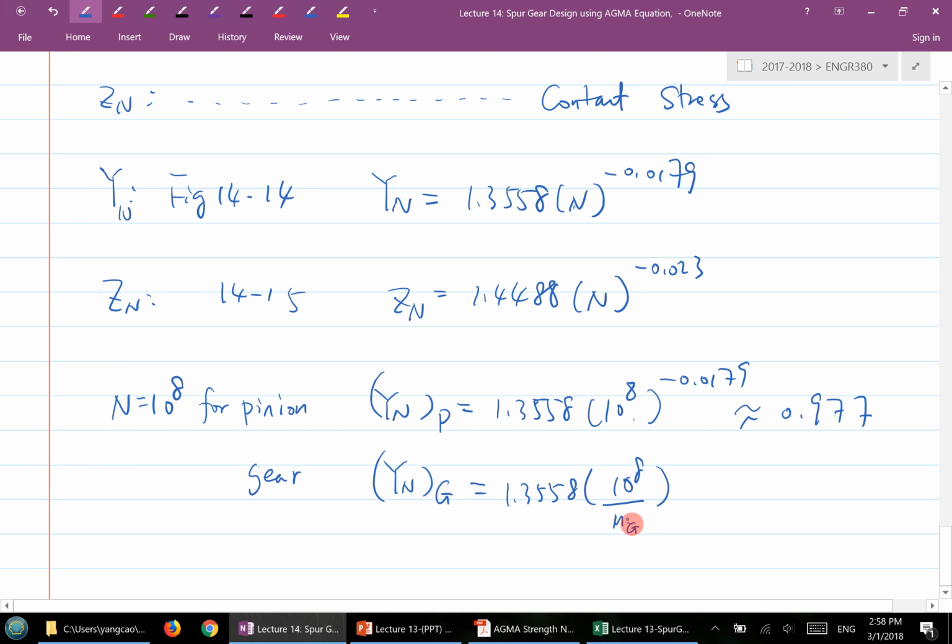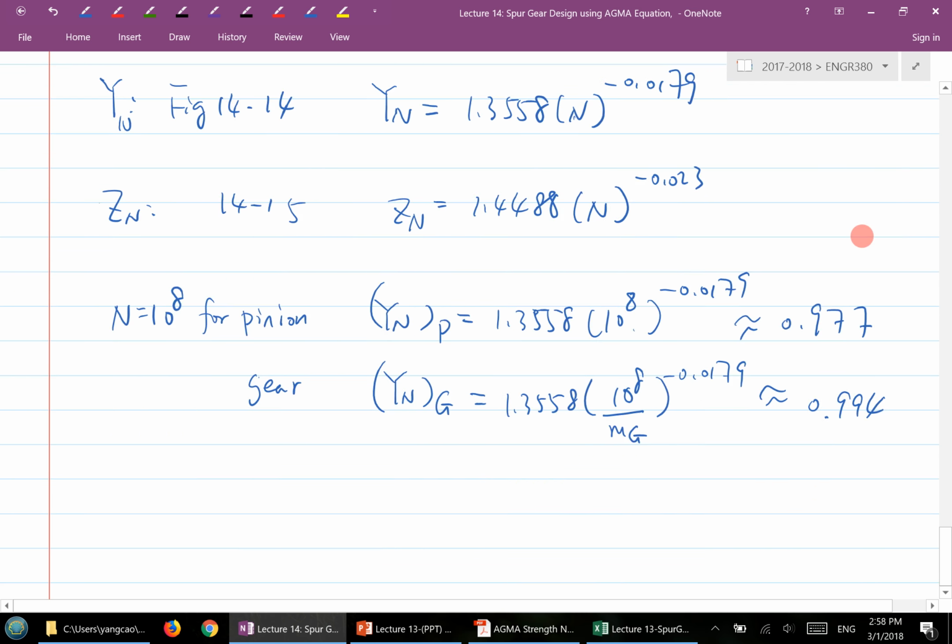The gear ratio, right? So in our case we call it mg. So very good. And that gives us approximately 0.994. So similarly, you can calculate Zn for the pinion and the Zn for the gear.